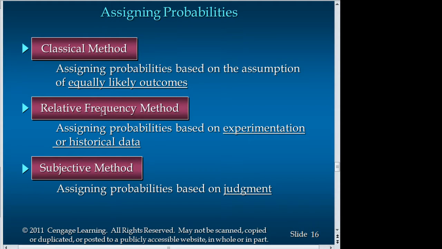Now, the relative frequency method would be assigning probability based on experimentation or historical data, right? So if you have some type of historical data for a certain probability question, then you can answer this probability using the relative frequency method.